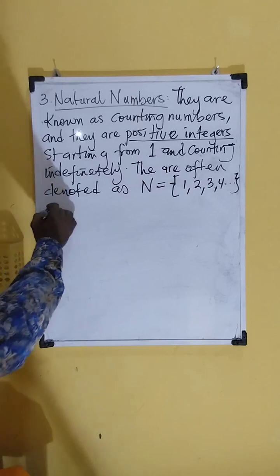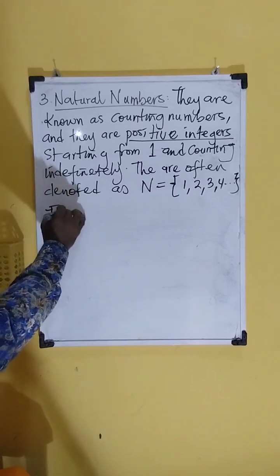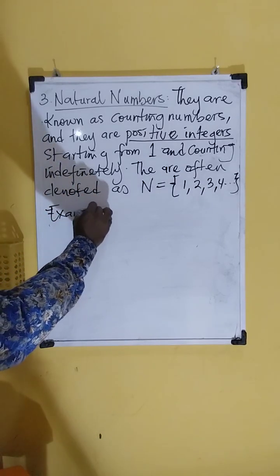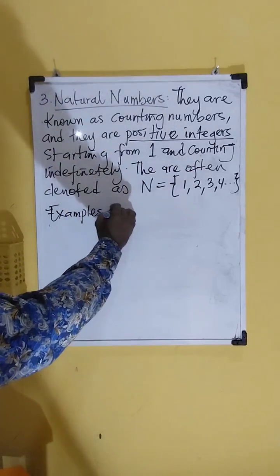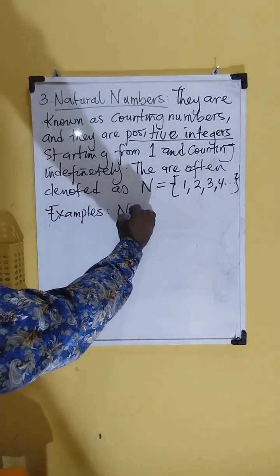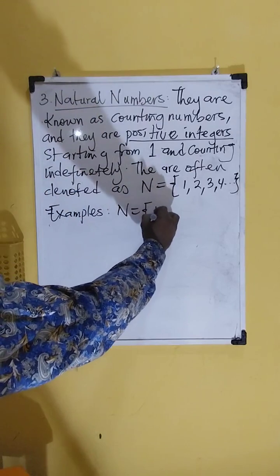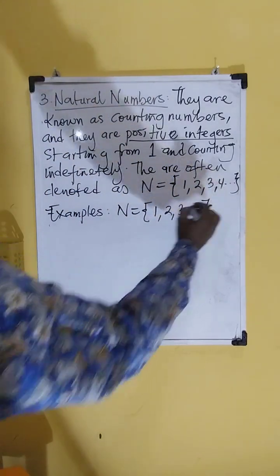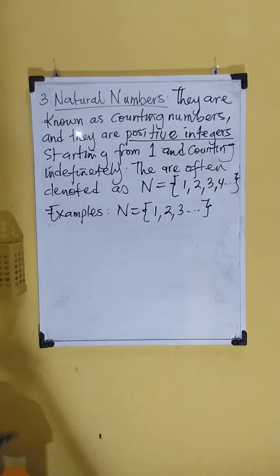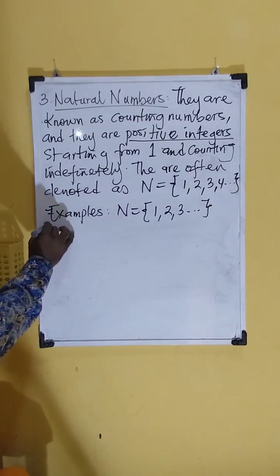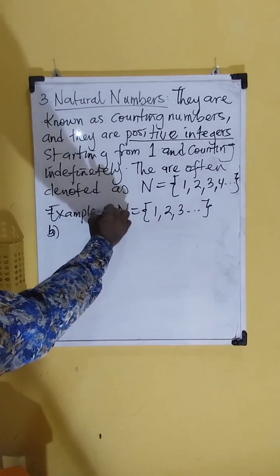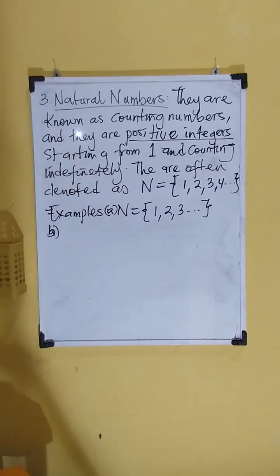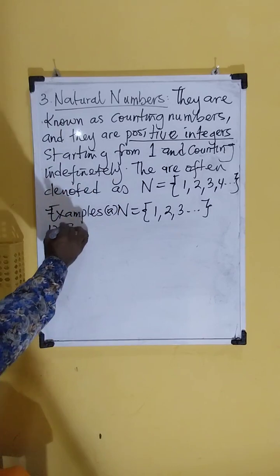So examples of natural numbers: N equals curly bracket open 1, 2, 3. This is example A. Example B is successive numbers.